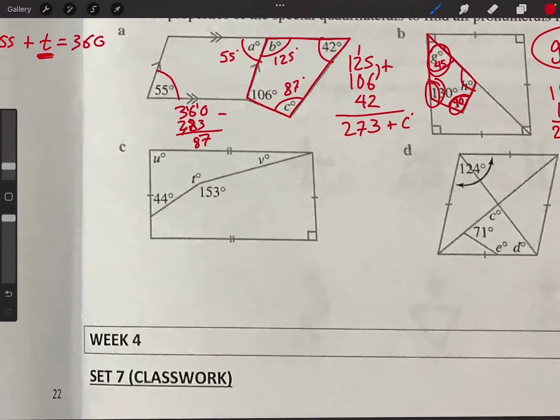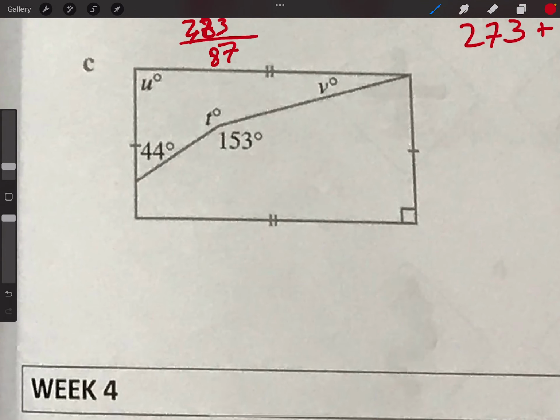Okay. Now question C. We're going to do this one now. This is the easiest one right here. You can tell it's a rectangle, right? All of the angles of a rectangle are 90 degrees. So this one is instantly 90 degrees. Don't need to do anything. Now, what else do we have?